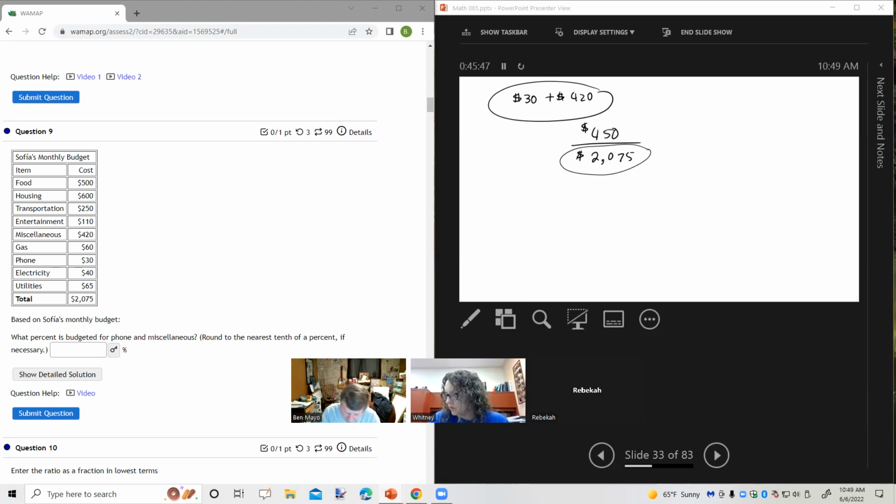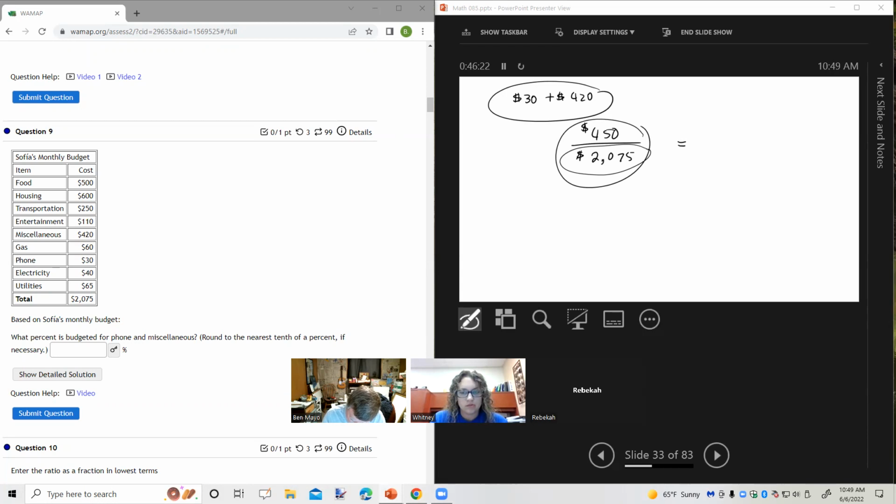Okay. Well, if we wrote it as a fraction, we'd have basically what's in front of me. Now I need to convert that into a percent. But first of all, I'm going to use division. I've got to turn the calculator on. 450 divided by 2,075, and I get a repeating decimal, so that's not going to work. Somehow I've got to reduce this down. Well, 5 goes into both of them. Can you see that?